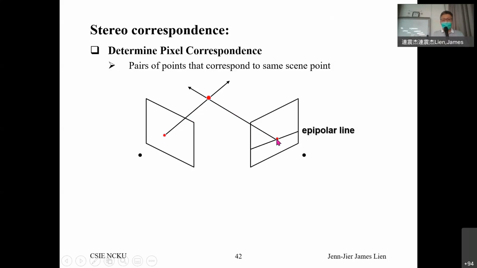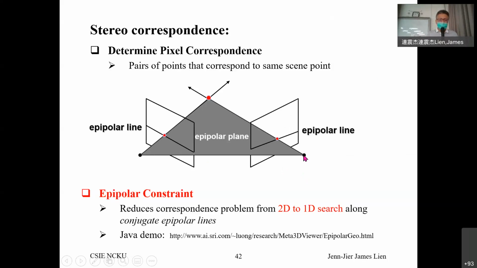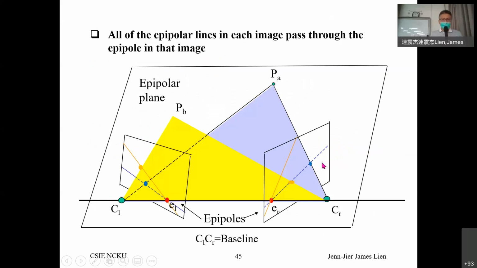It must appear along the corresponding epipolar line, 这两条 epipolar line. So this plane is an epipolar plane. The epipolar plane will intersect the two epipolar lines. This is one example: PA is one point, and this one point has one epipolar plane. The second point has a second epipolar plane.